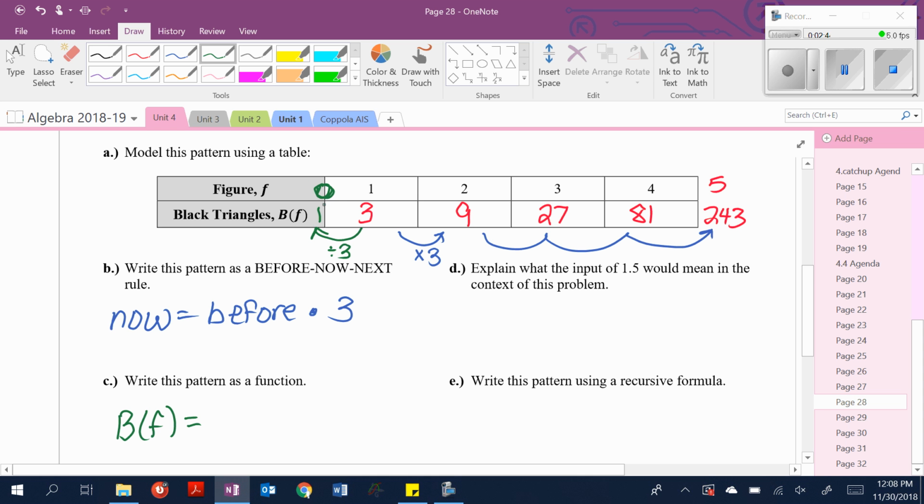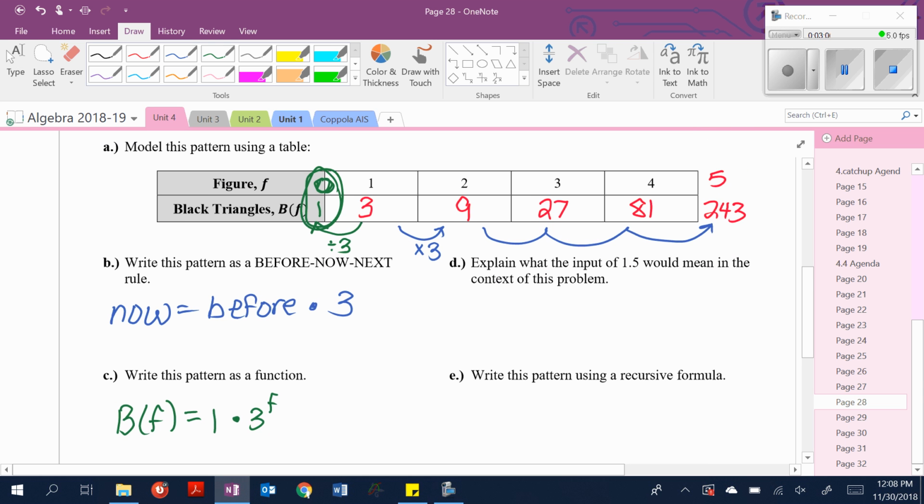We have our y-intercept, our starting value of 1, and that's being multiplied by 3 over and over and over again. I could write it that way, but that's not a function. So instead what we're going to do is model that repeated multiplication with an exponent. In this case, it's to the f power.